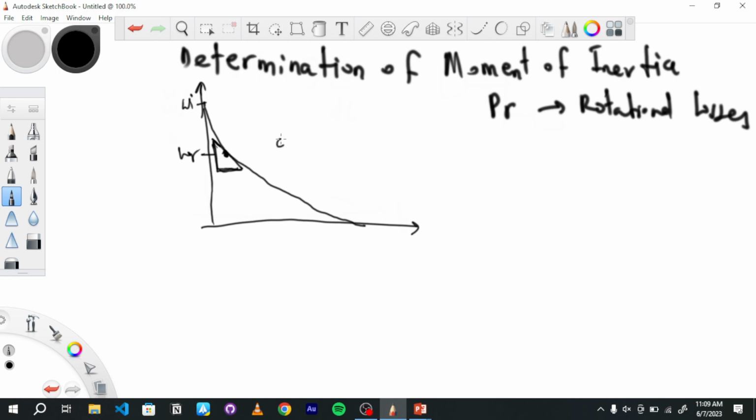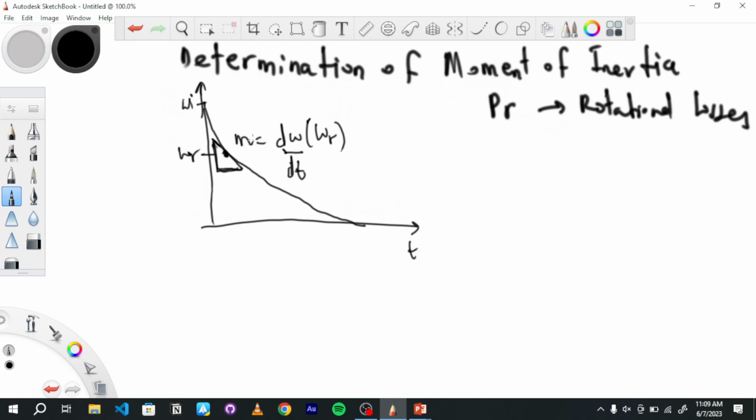The gradient is changing y by changing x, so that is d omega dt at omega r. So you find the slope, let me call it m.